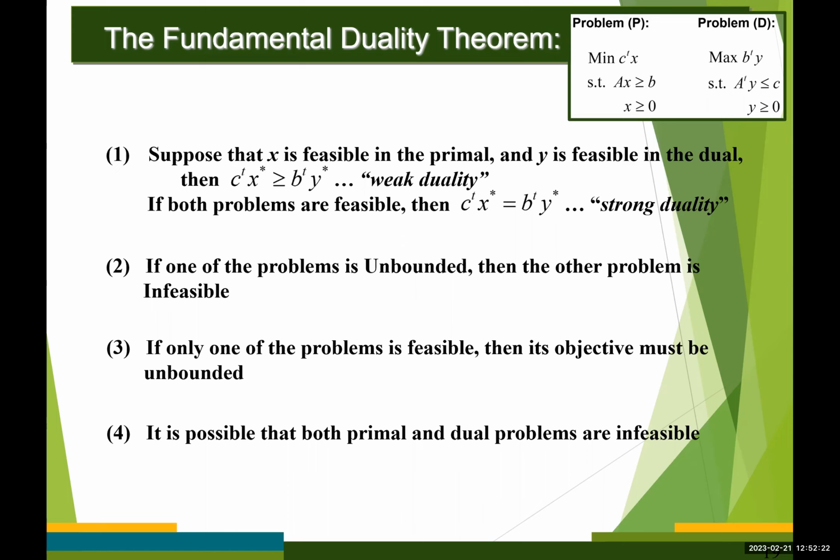It says that in the symmetric primal dual pair, if we suppose that one problem has feasible solutions and also a bounded objective function, so it also has an optimal solution, then the other side of the problem also has a feasible solution and an optimal solution.